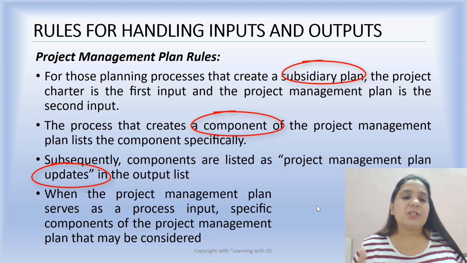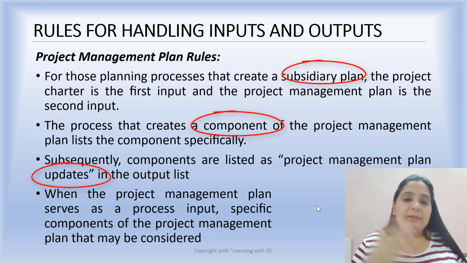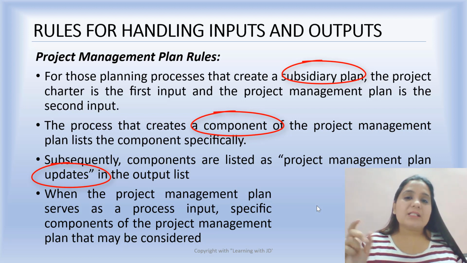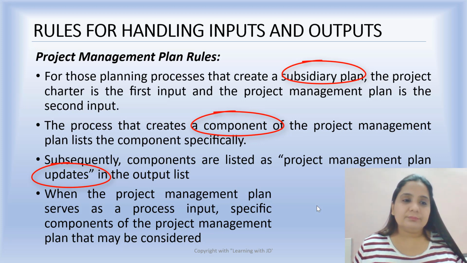However, when the project management plan serves as a process input, that specific component, assuming the quality management plan or the cost baseline, will be considered instead of the project management plan. Have to keep this in mind.